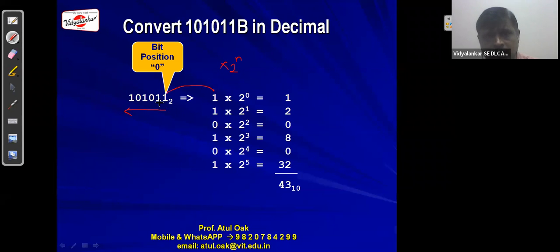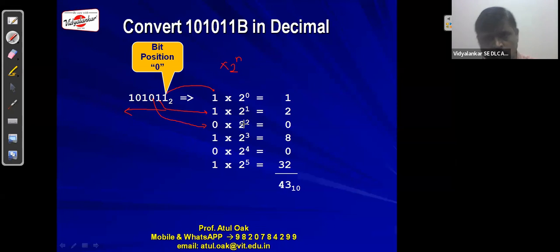Then I will take the next bit. Position of this bit is 1. So I will multiply by 2 raised to 1. My partial product is 2. Then I will take the next bit. Position of this bit is 2.